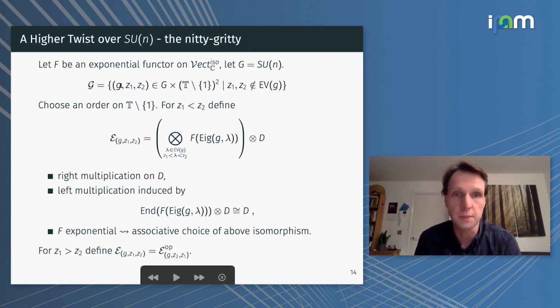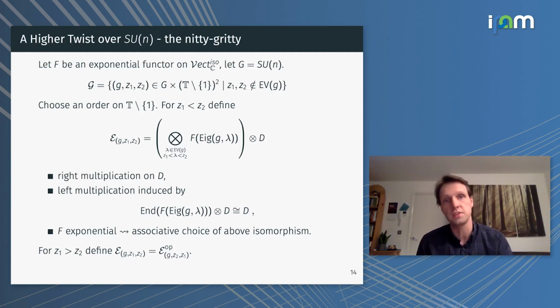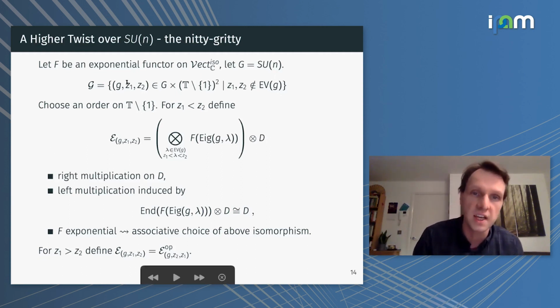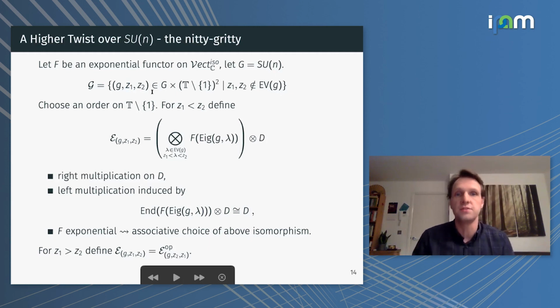It's just given by pairs of, so here's an element in the group, and these two are just numbers on the circle that are not equal to 1 and are also not eigenvalues of this group element G here. And the composition is the easiest one that you can think of in this situation. So (G, Z1, Z2) is composable with (G, Z2, Z3) and gives you (G, Z1, Z3). You should think of these Zs here as being kind of delimiters between the eigenvalues of G.